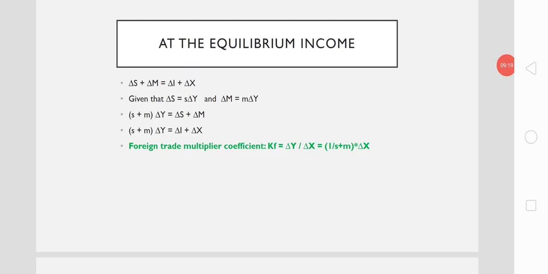So the foreign trade multiplier coefficient KF is equal to ΔY by ΔX. That means ΔY is the change in national income, and ΔX stands for the change in investment on export.